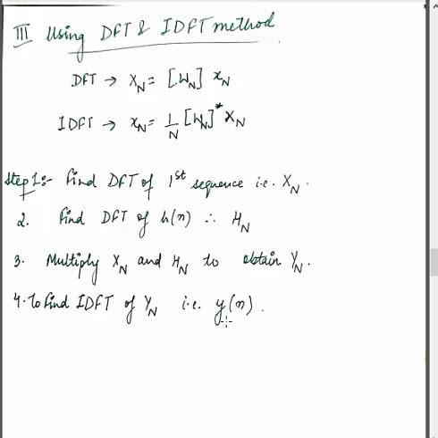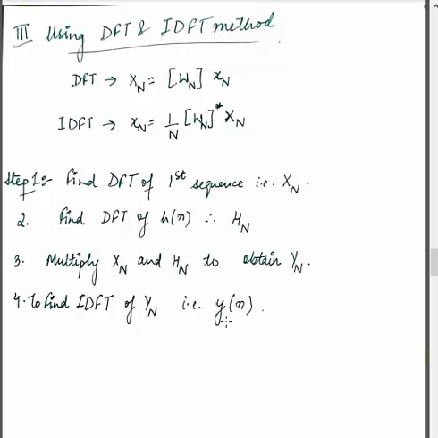So these are the three methods of circular convolution. The first method is the graphical method, the second one is the matrix method, and the third one is the DFT and IDFT method. The main question is why the result of circular convolution and linear convolution is not the same. Because in circular convolution, the input sequence and output sequence have an equal number of samples, but in linear convolution we have a different number of samples.